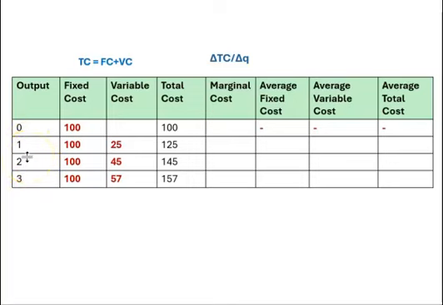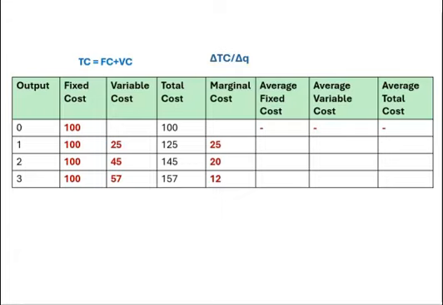So this one is easier, we're dividing by 1. Change in total cost is 125 less 100. It becomes 25 divided by 1, and it becomes 25. 145 less 125 is 20 divided by 1, it's 20. And we have 12 here.